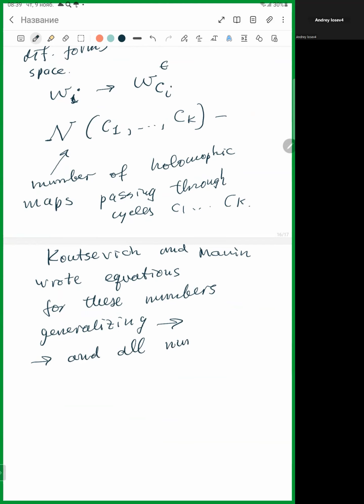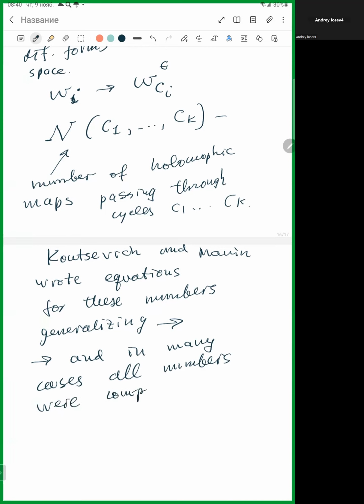And in many cases, all numbers were computed. And this was another Fields Prize in mathematics.